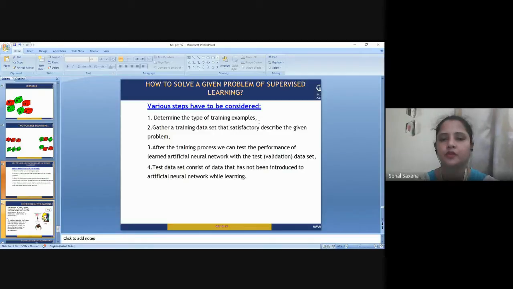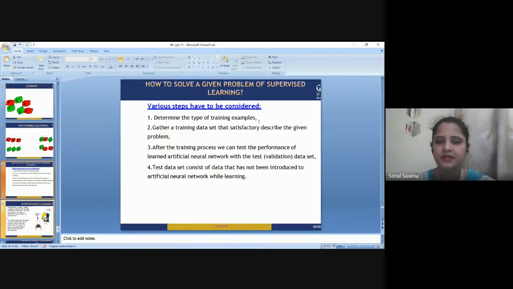Now, how can we solve a given problem using supervised learning? Determine the type of training examples, and gather a training data set that satisfactorily describes the given problem. After the training process, we can test the performance of the learned artificial neural network with the test data set.